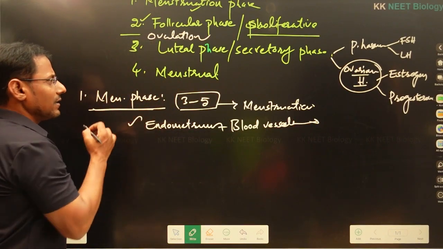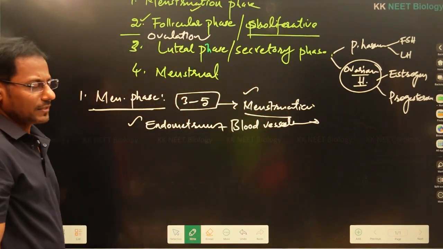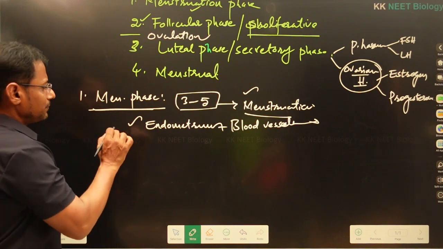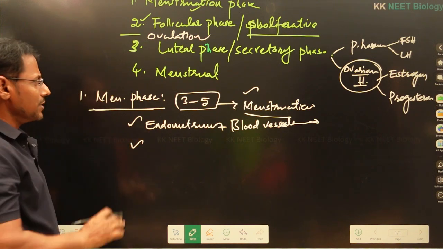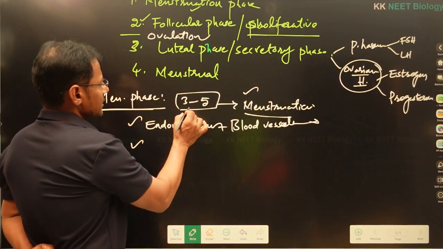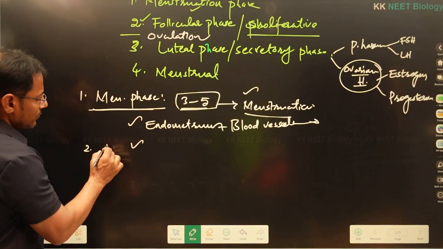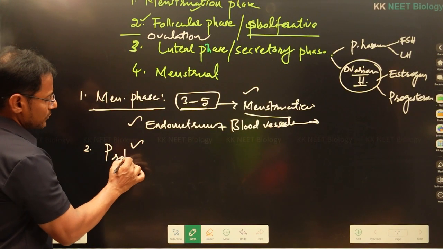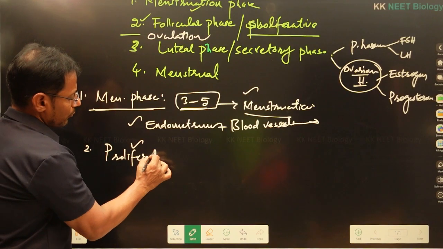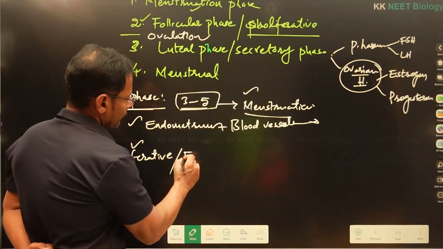So this particular phase is known as menstruation, right? It happens for 3 to 5 days. And coming to the second phase, that is the proliferative phase, or else it is known as the follicular phase.